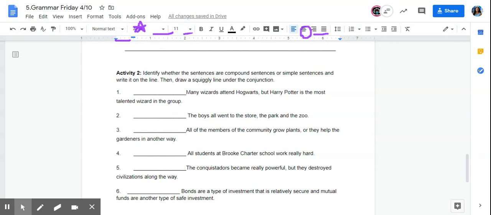Many wizards attend Hogwarts, but Harry Potter is the most talented wizard in the group.